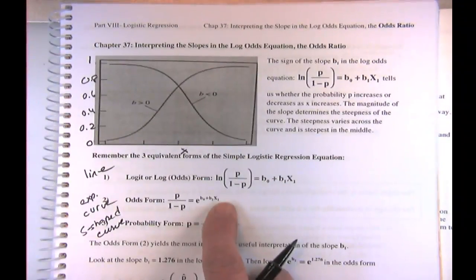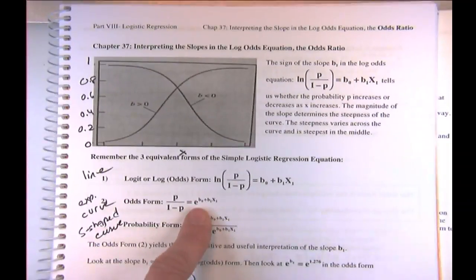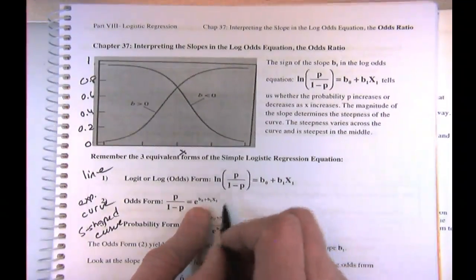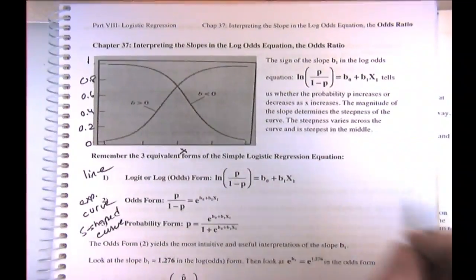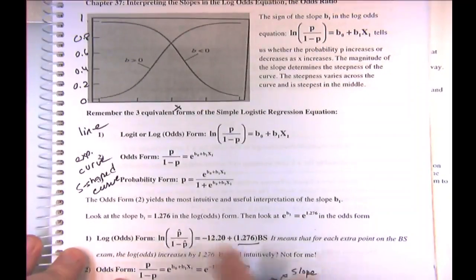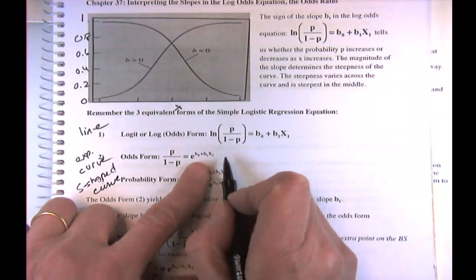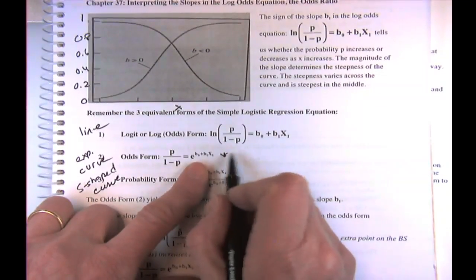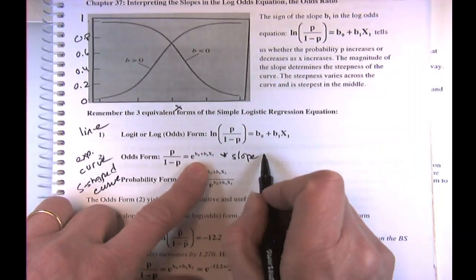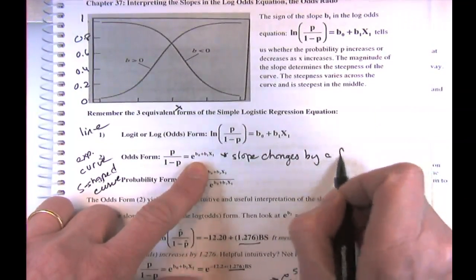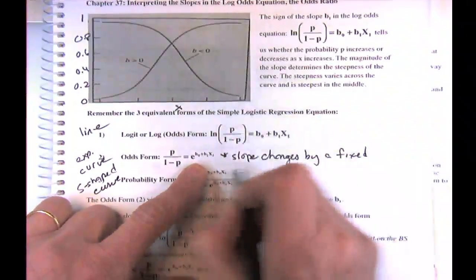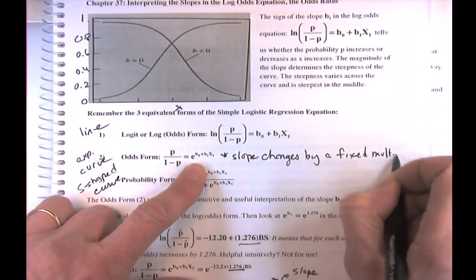But here, it says the odds change by a fixed multiplicative factor. That's what this is saying. And that is e to the slope. What do I mean by that? It changes by a fixed multiplicative factor.